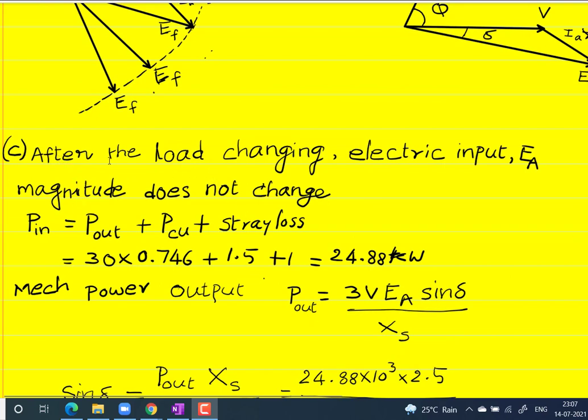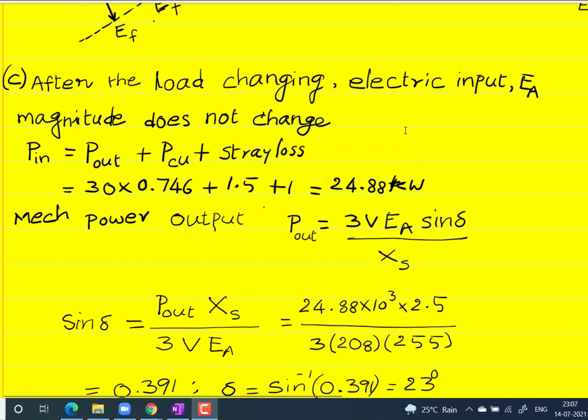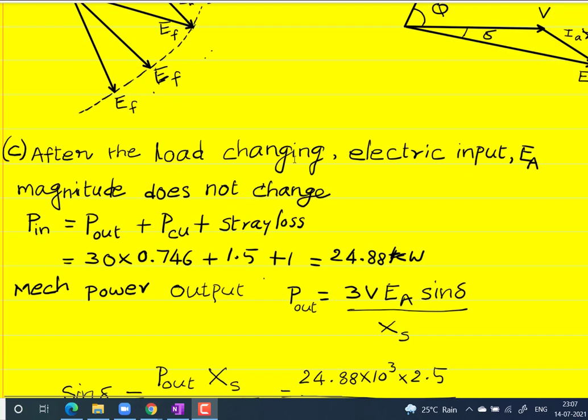C bit. After the load changing, electric input changes, and EA magnitude does not change. That is input power is equal to output plus copper loss plus stray loss.